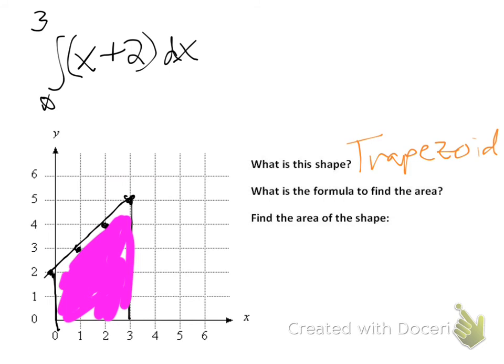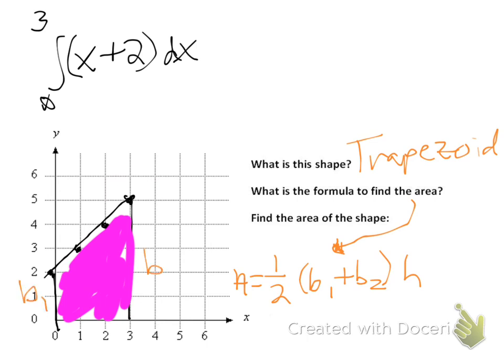And you may have this memorized, you may not, but the formula to find the area, I'm just going to draw because I need the space. The formula to find the area of a trapezoid is area equals 1/2 base 1 plus base 2 times the height. So when I'm referring to base 1 and base 2, this is base 1, this is base 2, and the space from here to here is your height.